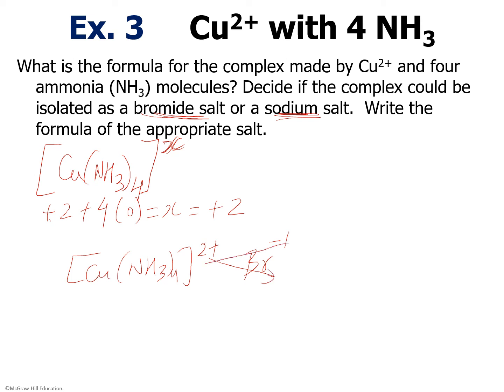Now to cancel each other and neutralize each other out, we need 2 bromide. So the formula would be Cu(NH3)4 Br2. Now the whole charge of the compound is neutral. And that's all.